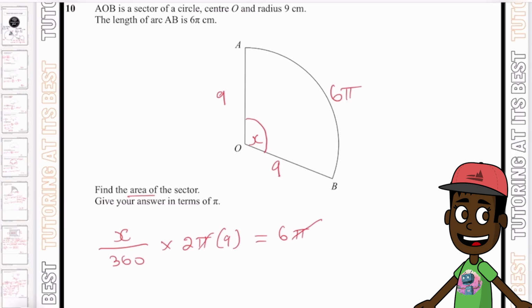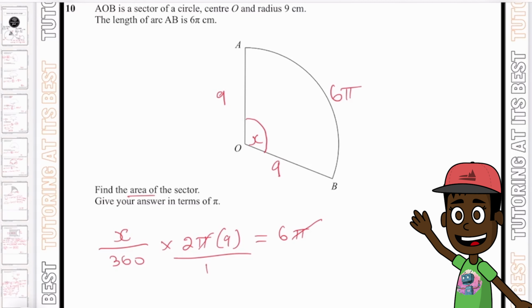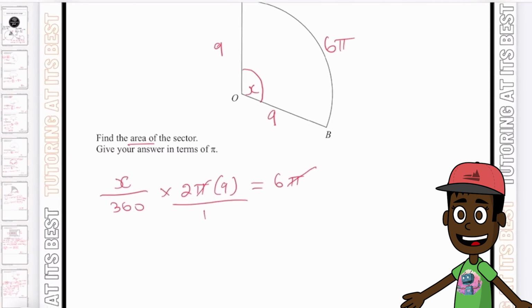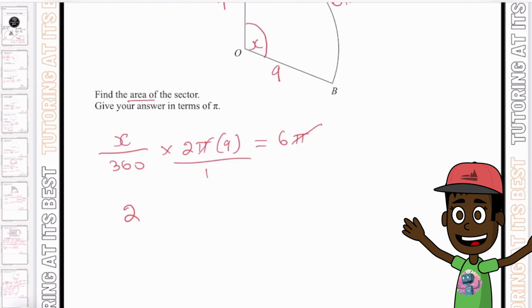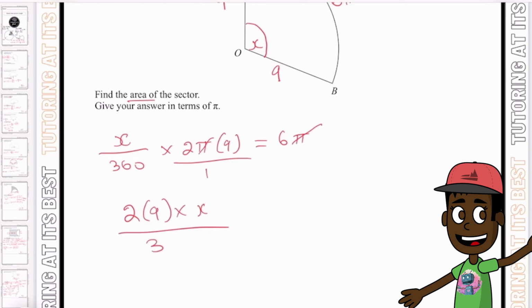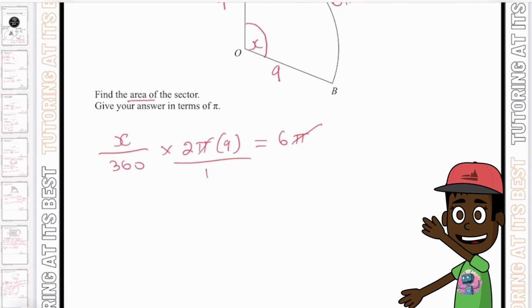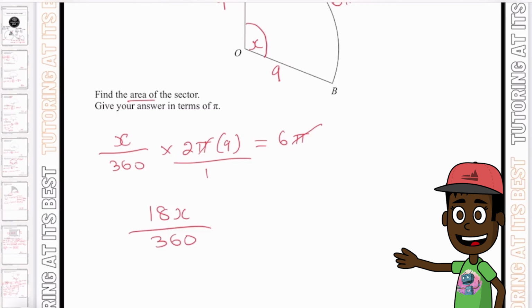So we know when we're multiplying a whole number by a fraction, we can just put a 1 at the bottom. And so we can multiply out our numerator and our denominator, which means we're left with 2 times 9 times x over 360 degrees, which means we're left with x times 2 times 9, which is 18x, over 360 degrees, and that equals 6.